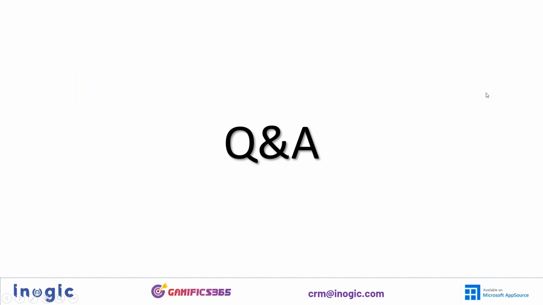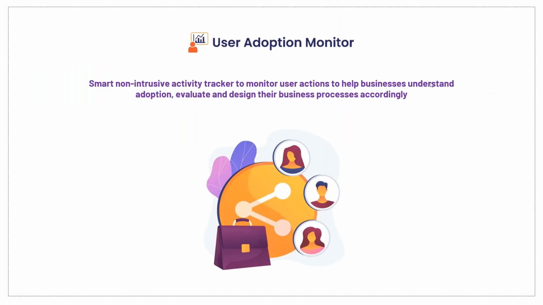Okay, great. Now we also have a separate solution, to be honest, the User Adoption Monitor. It's a part of the same family. The idea is that with Gamifics 365, organizations can motivate the users to adopt more and more of the CRM, put up all the data right within the CRM, and award them for doing their day-to-day CRM tasks.